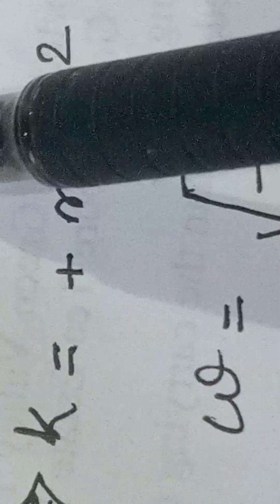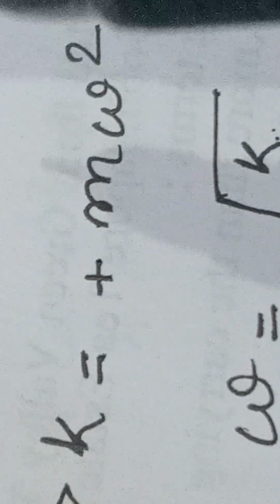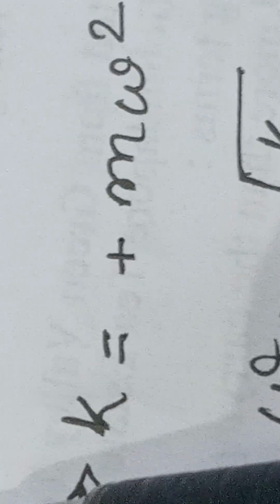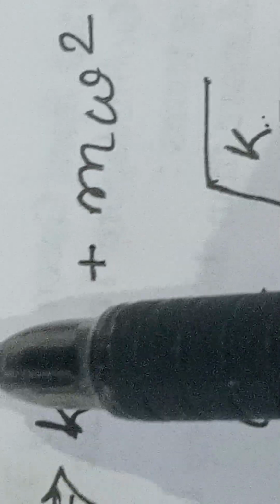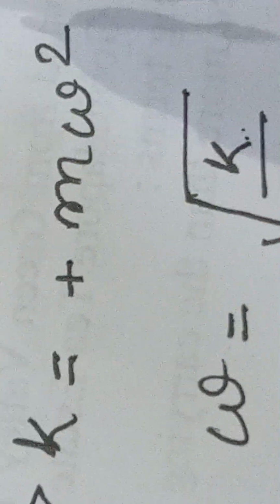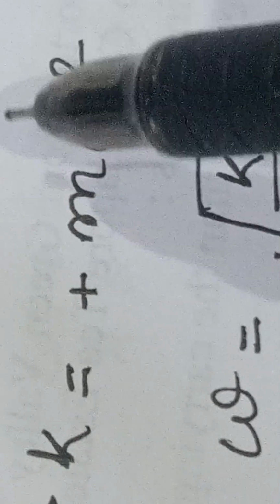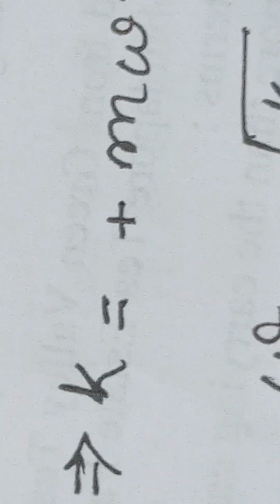Direction of force and displacement is opposite to each other because this force shows the restoring force which tends to bring the motion of the particle back to its mean position.